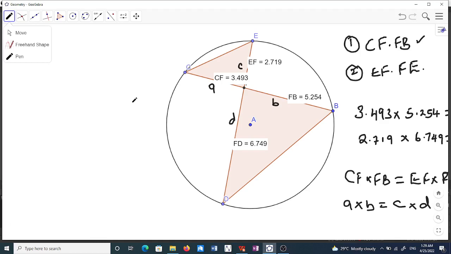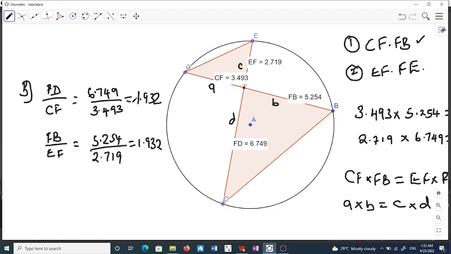So I want you to find another relationship, which is now another investigation B, and just find out what the relationship is. Let me start with the big one, FD. If I get FD and find the ratio with CF, and then I find also the relationship of FB with EF.